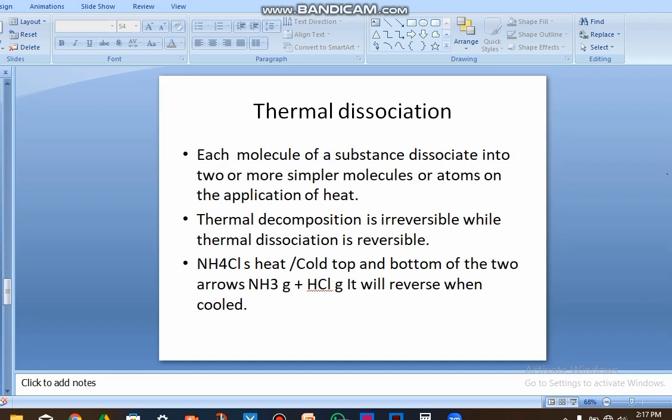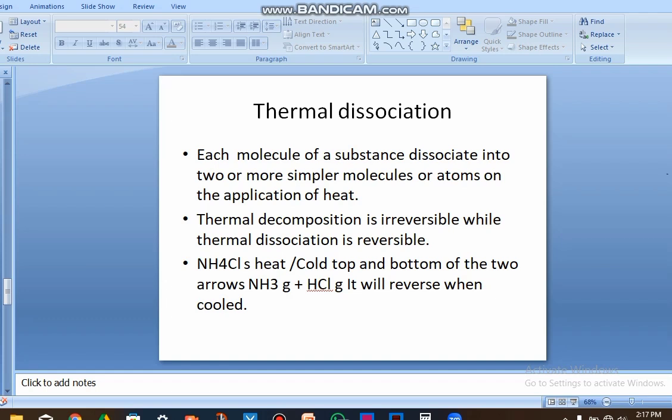It's just a form of splitting, like differentiating itself. Are you getting it now? So look at it: thermal decomposition is irreversible, while thermal dissociation is reversible.